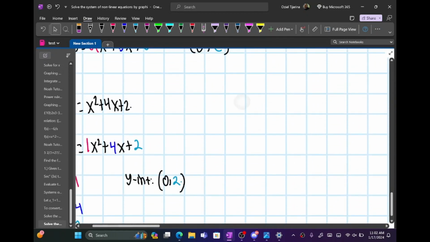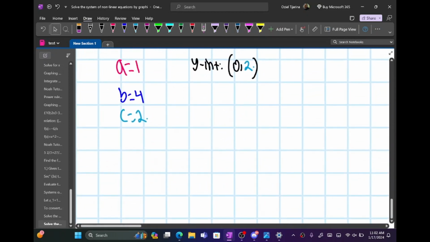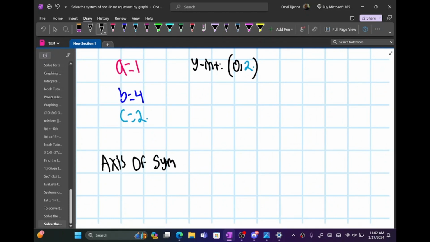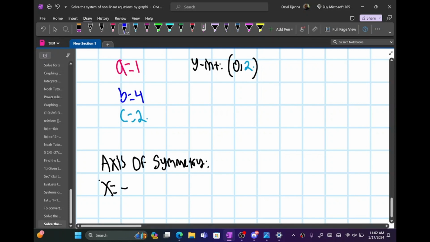So then we want to notice that the axis of symmetry is a vertical line. So it's going to be x equals, and the formula will be negative b over 2a.